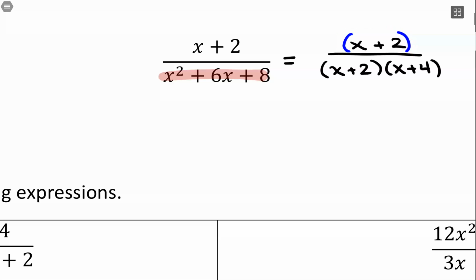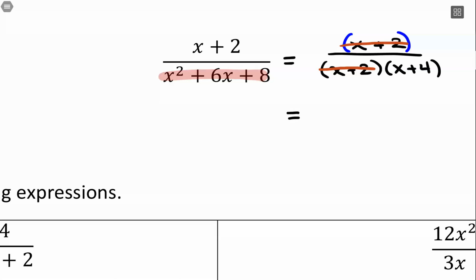So the only way to cancel out this x or the 2 is by canceling out this x plus 2 as a whole. The only way I could cancel things with this numerator is if I see x plus 2 in its entirety, which I do in the parentheses in the denominator. It's like dividing those turns into a 1, but how we'll see it is through cancellation. And when they divide, they create a 1.